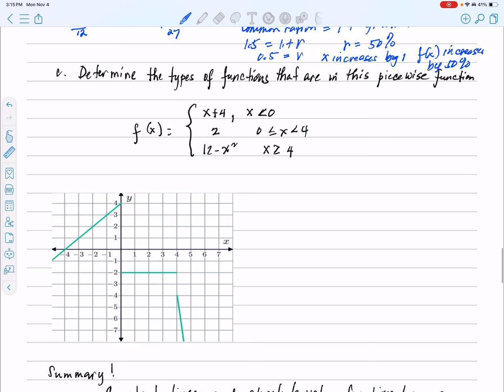So we have function of x as x plus 4 when x is less than 0, 2 where x is between 0 and 4, greater than or equal to 0 but less than 4, and 12 minus x squared when x is greater than or equal to 4. So these are the 3 types of function.